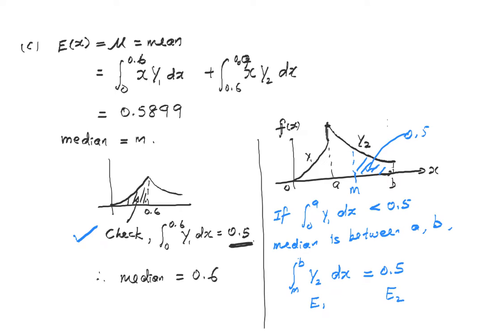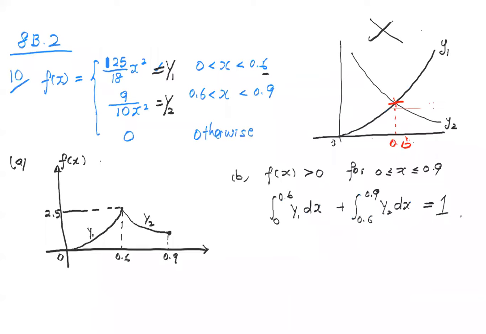Yes? Okay. Can I go back to part A again before I go to the next one? I want to teach you how to use your solver to do certain things. Okay, let's go back to part A again.